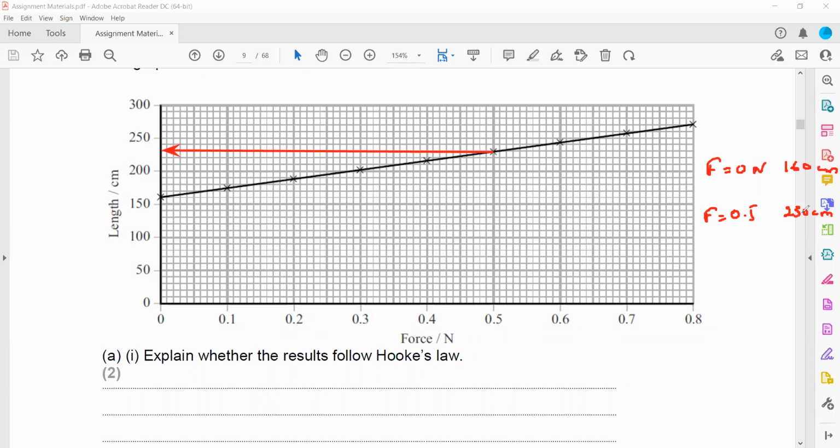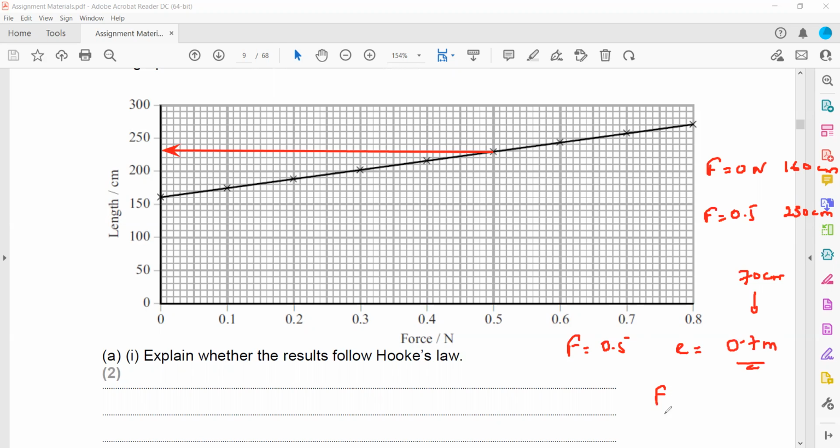So 230 minus 160, and we need the final answer in newton per meter, so we have to convert. 230 minus 160 is 70, and that 70 is in centimeters, but we need meters, so 0.7. So we have the extension, the change, that is 0.7, and the force which changes is 0.5.